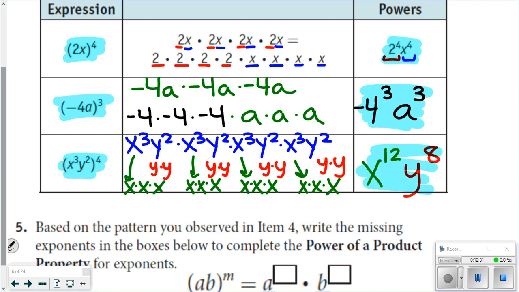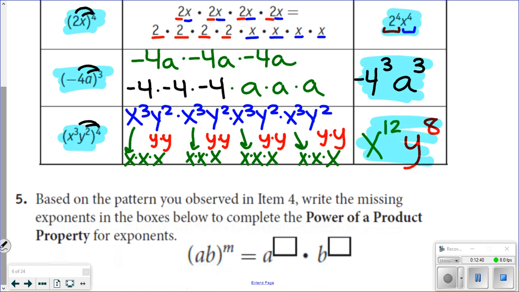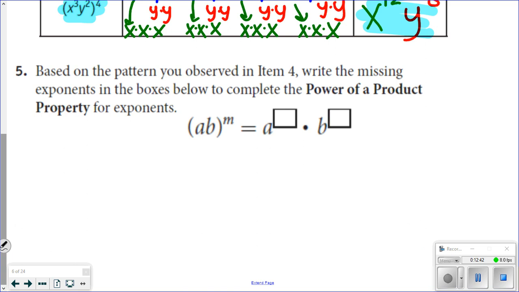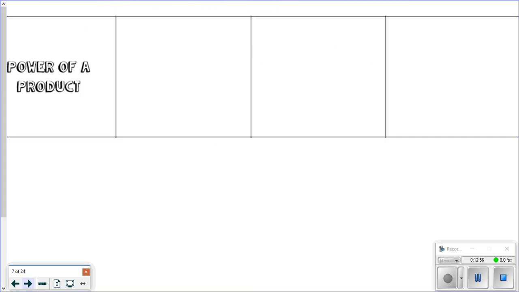So we're taking this exponent and we're distributing it to each base inside the parentheses. So in this little box, it needs to be an M and an M. So on our organizer, this is power of a product. Power of a product.